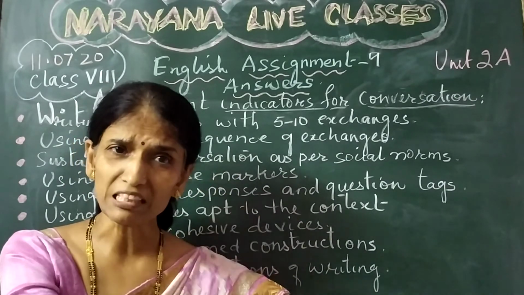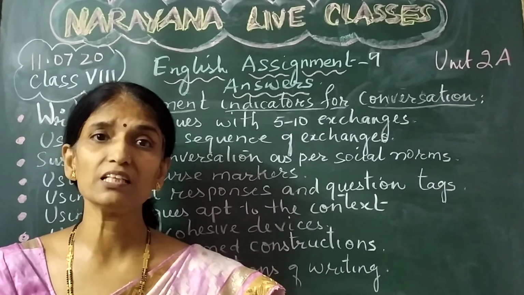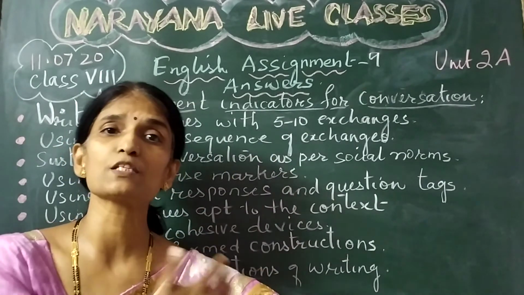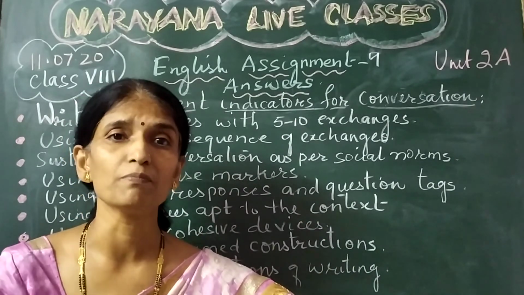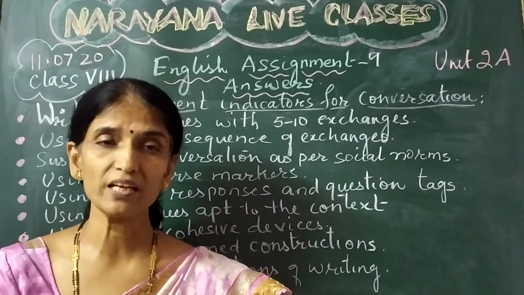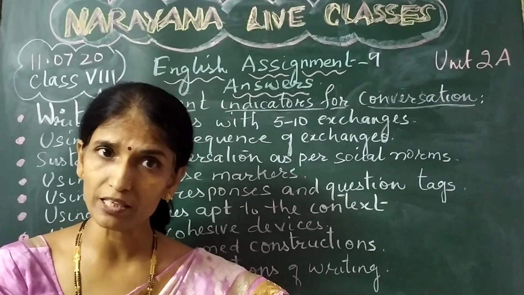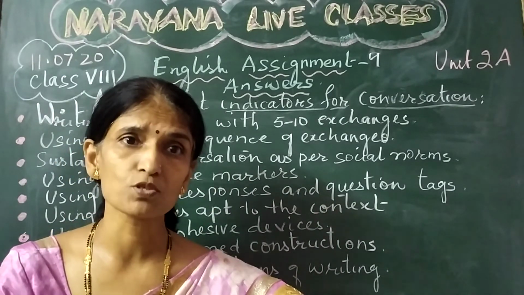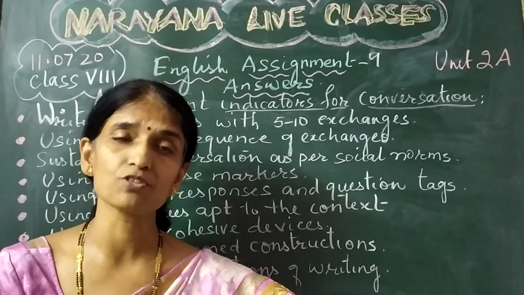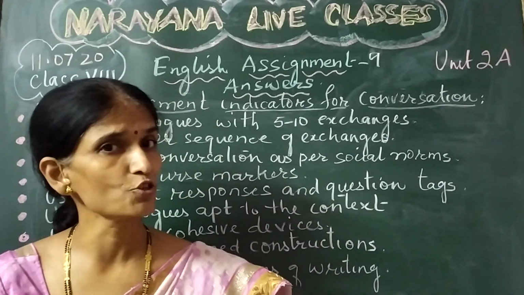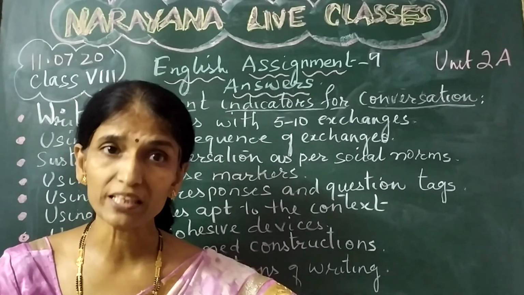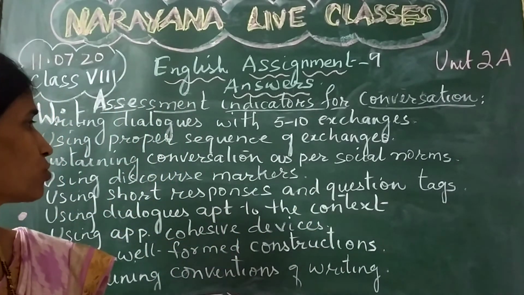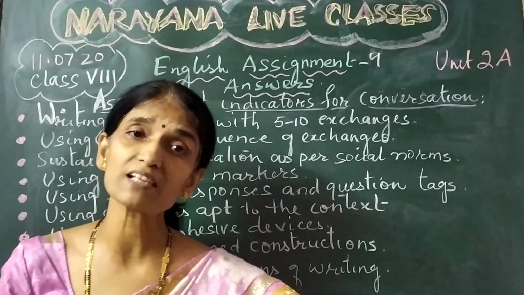The discourse that you are given is with the textual input. So follow these assessment indicators when you develop a conversation: exchanges of 5 to 10 dialogues, following the conversation according to social norms, well-structured constructions, proper question tags and short responses, following the conventions of writing, and usage of discourse markers and cohesive devices.